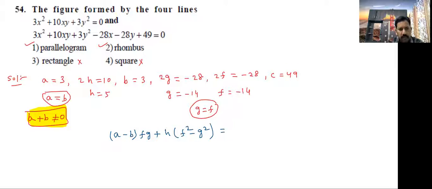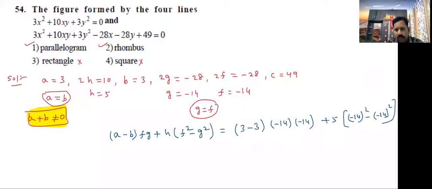If a = b, then a - b is going to 0 or not? 3 - 3, it is going to 0. fg is (-14)(-14), plus h, that is 5, into (-14)² minus (-14)². So this value is 0. 0 into something is 0, and 5 into 0, overall it is 0 only.